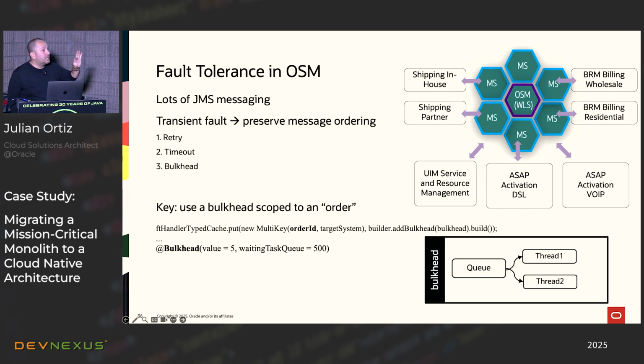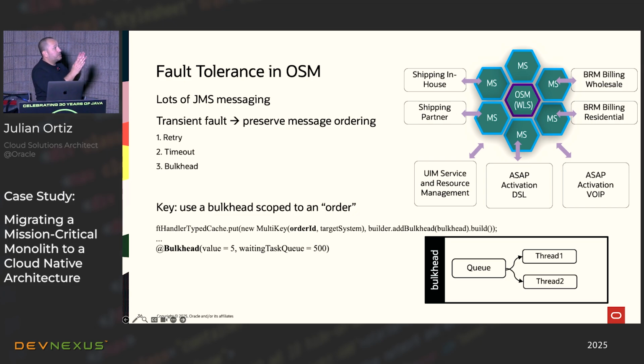In the case of OSM, if I'm placing an order for a service, let's talk about the example I gave at the beginning, where you have your internet provider or your phone service provider. You want to place the orders and its subsequent tasks in the order they were received. Otherwise, you would probably start processing the billing system before having the customer in.